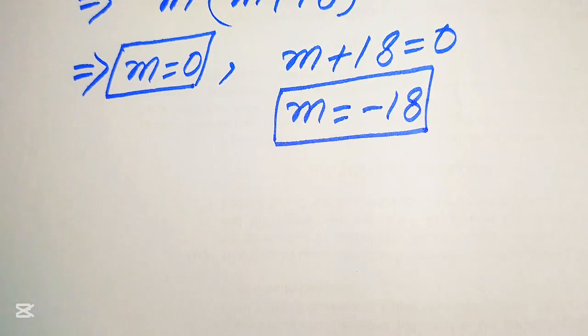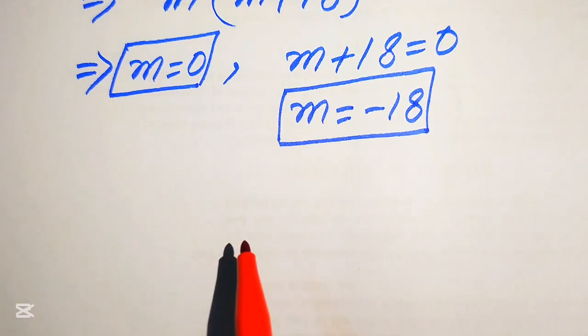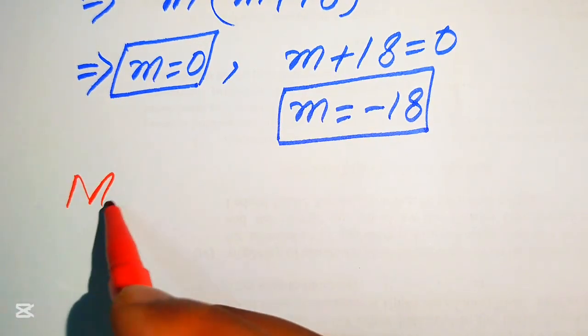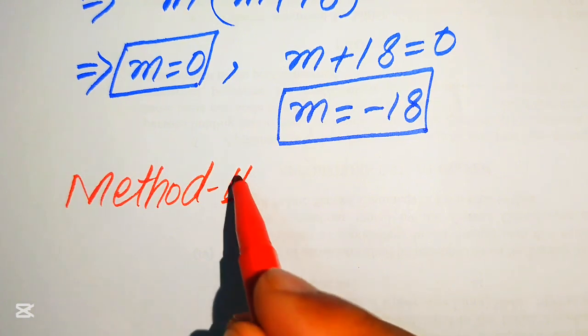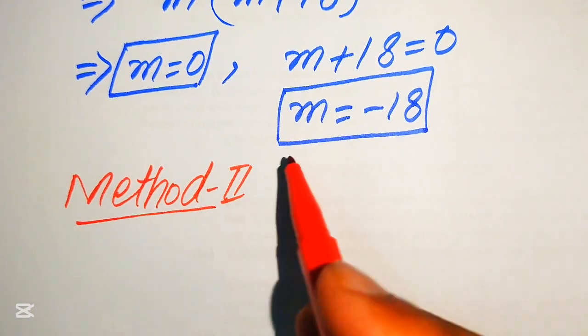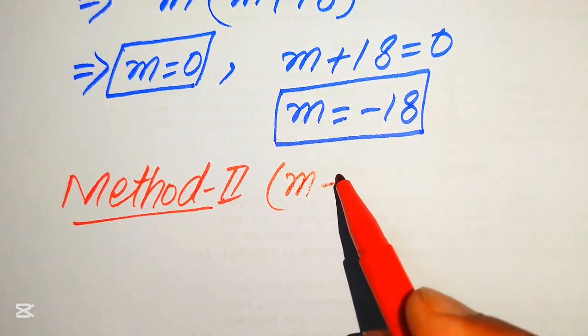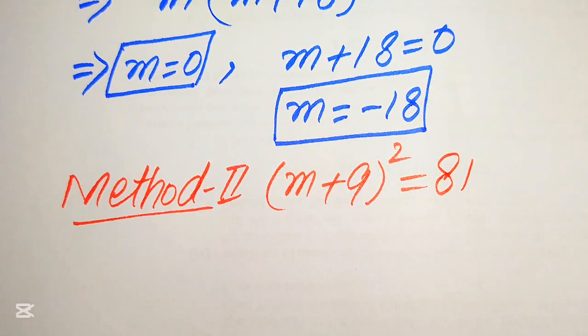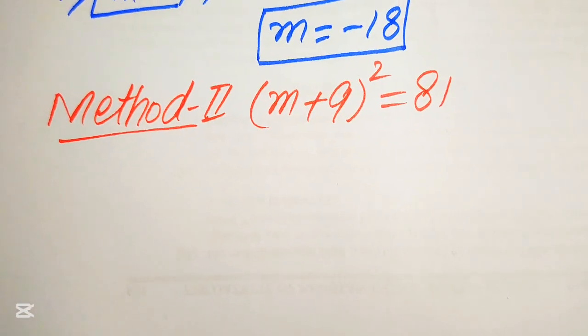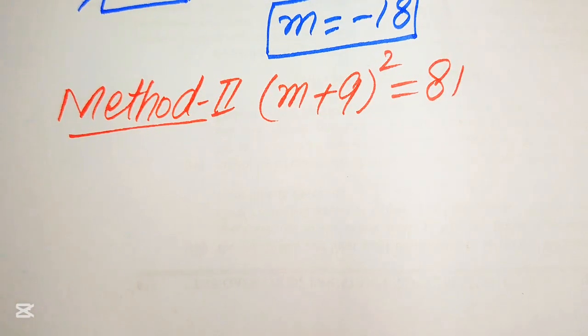Now we move forward to the second method to solve this problem. In the second method we again copy down the given question statement: (m + 9)² = 81.